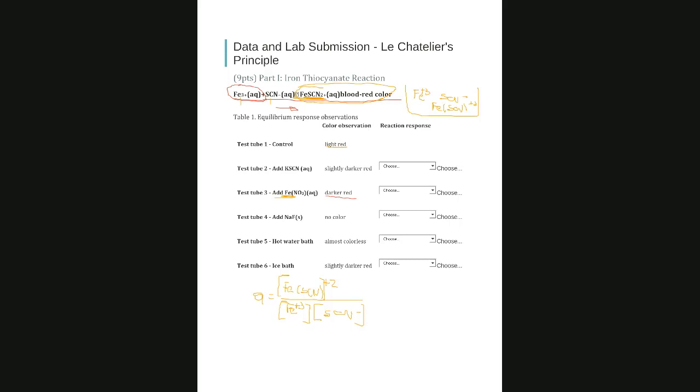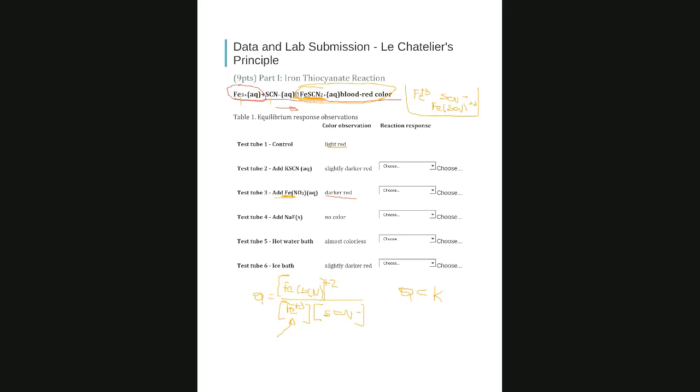So if we are adding iron here, because it's in the denominator, the Q is going to be smaller than the K. The only way to be equal to the K is by increasing the concentration of the product.